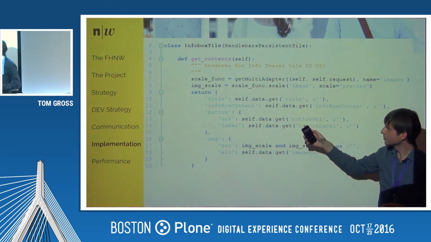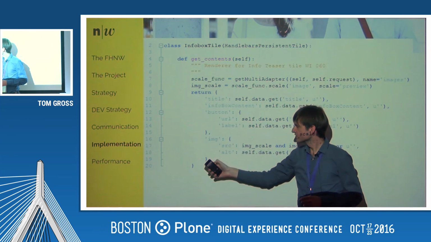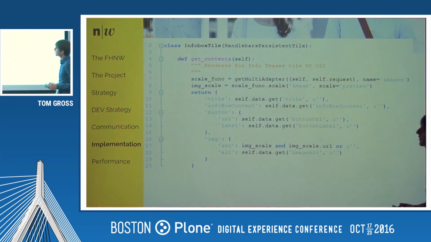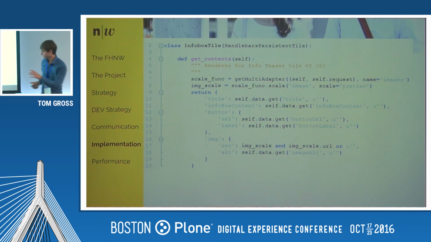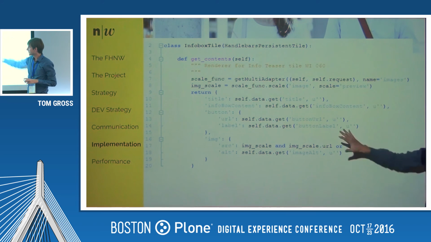And all we have to do is to override this getContents and return the JSON structure we have in the Estatico, and we fetch the data from Plone.